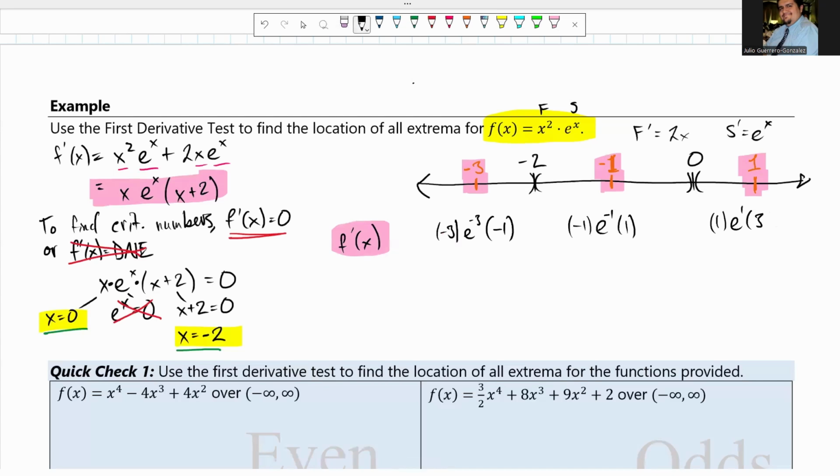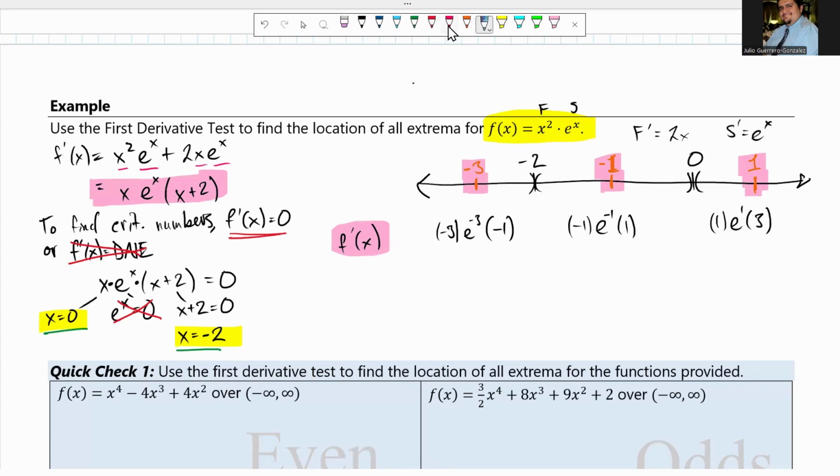And just real quick, I am plugging these into this function right there. Now, like I said, I don't care about the values themselves. What I do care about is the sign of the values.